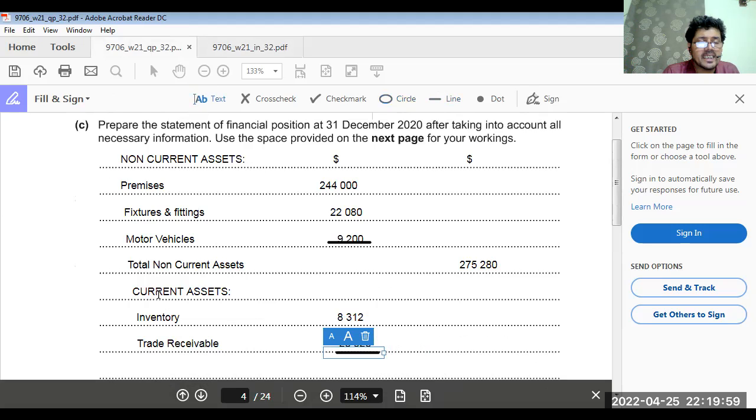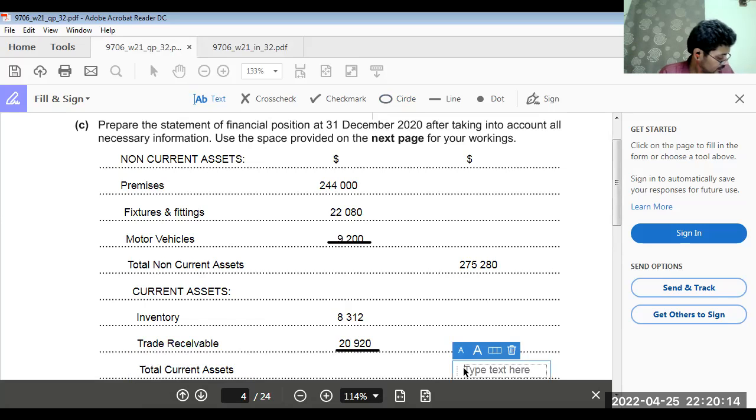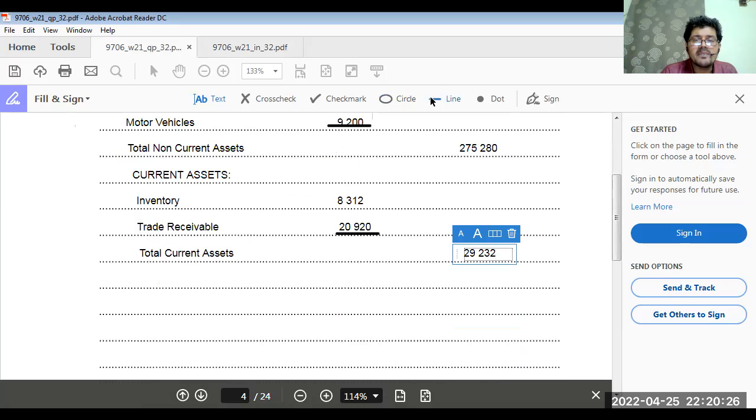Okay. So total current assets would be reported in the second column. They are, yeah, 20,920 plus 8,312, 29,232. Okay. And we can now easily calculate total assets over here by adding current and non-current assets.